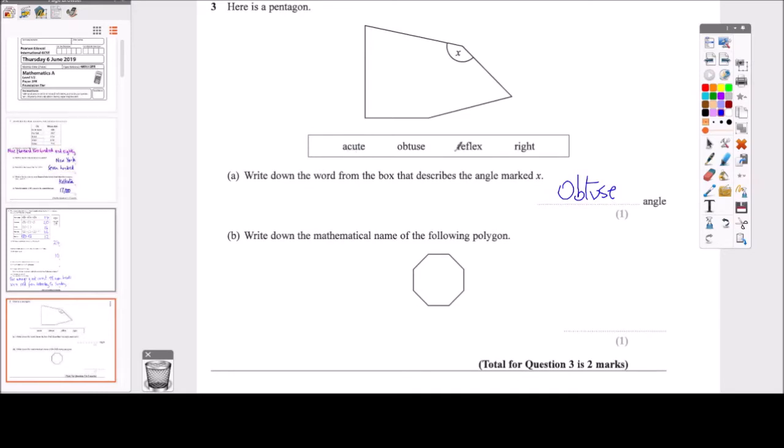Had it been more than 180, it would have been reflex, and a right angle is when it's at 90 degrees. Right, write down the mathematical name of the following polygon. Well, it's got 1, 2, 3, 4, 5, 6, 7, 8 sides. So an 8-sided shape is an octagon. So octagon.